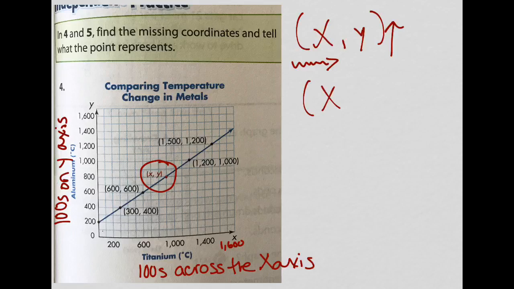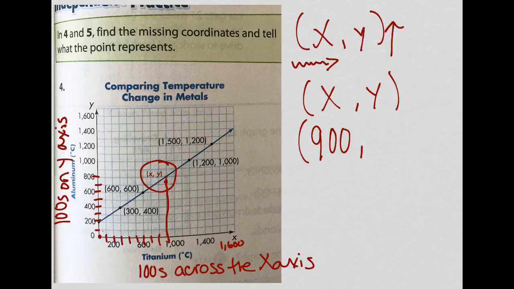So let's look for the x first. I start at the origin. I have 100, 200, 300, 400, 500, 600, 700, 800, 900. Oh, that looks like it's on 900. Okay, so my x coordinate is going to be 900. Now we need to look for the y coordinate. I come over here at the origin, 100, 200, 300, 400, 500, 600, 700, 800.